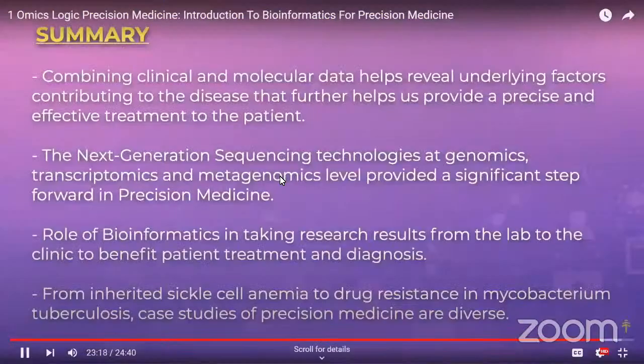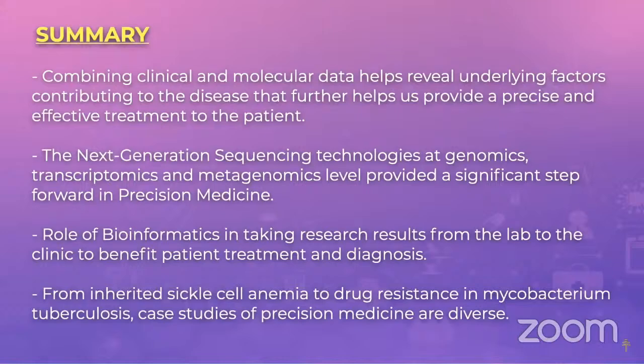So let's recap what we have learned so far. First, we learned how combining clinical and molecular data helps reveal underlying factors contributing to the disease, which further helps us provide a precise diagnosis and effective treatment to the patient. Further, we learned about next-generation sequencing technologies for genomic, transcriptomic, and metagenomic data that provide important insights for precision medicine applications.